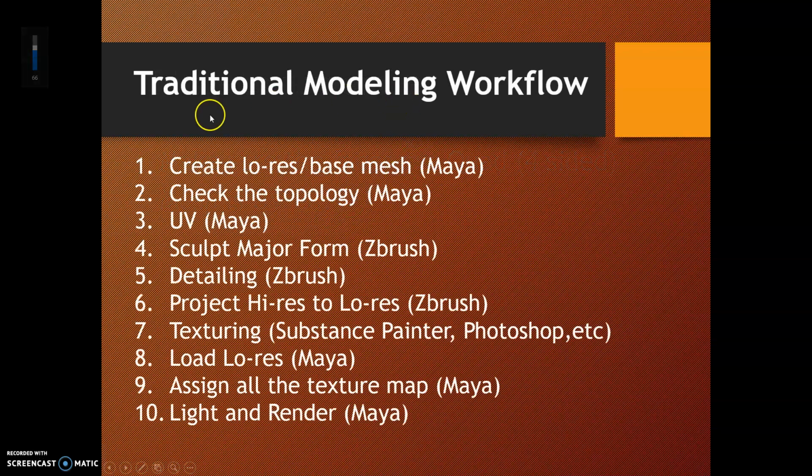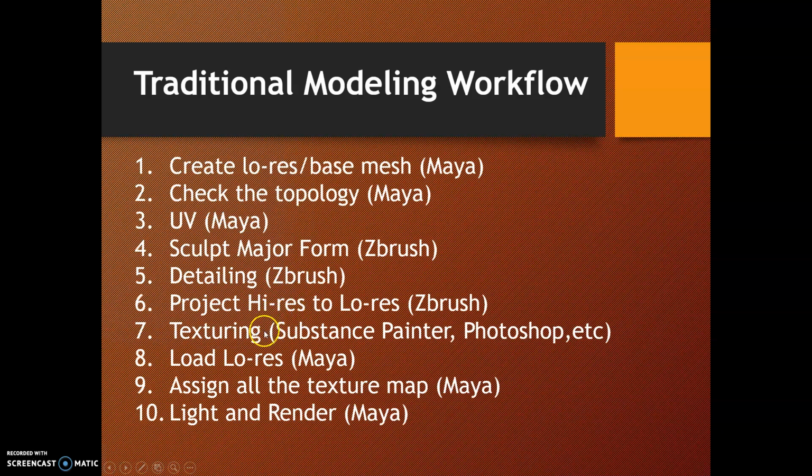So this is just a checklist. First, create your base mesh in Maya. Make sure the topology is correct. Make sure you have UVs. At this stage you should save or back up your file in case something happens; you should have a few backups. Once everything is done, you can move on to ZBrush, and from there on it's detailing.